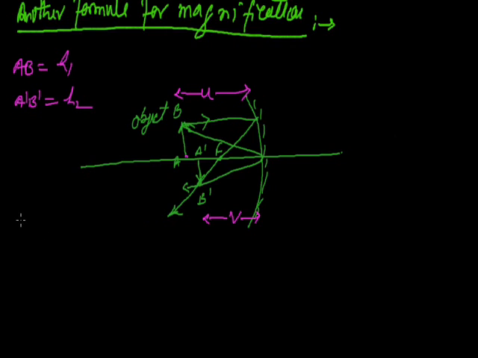Now triangle ABP and triangle A dash B dash P are similar triangles, not congruent, they are similar. So the ratio of corresponding sides must be the same.